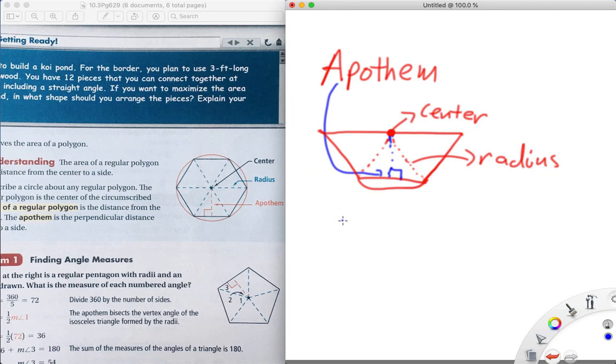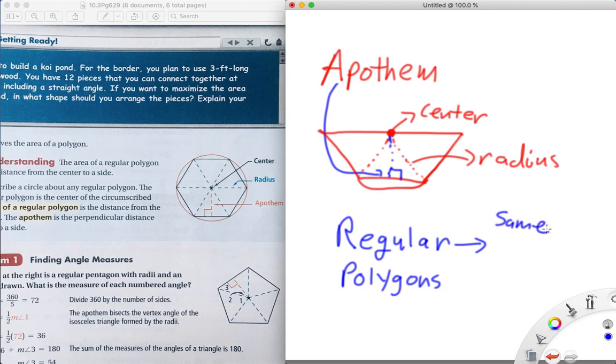These figures are called regular polygons. Regular means they have the same shape and size.